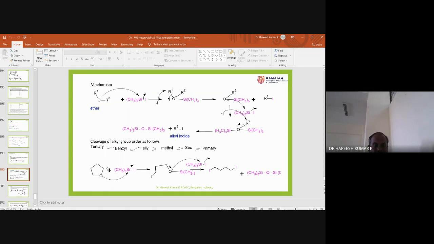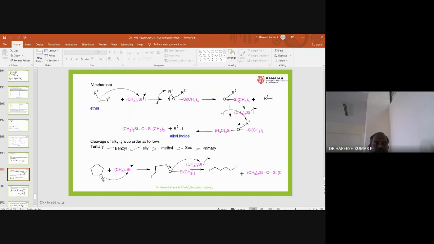When this ether is treated with the trialkylsilyl iodide, what will happen? The lone pair present on the oxygen forms a new bond with the silyl, and what will iodine do?